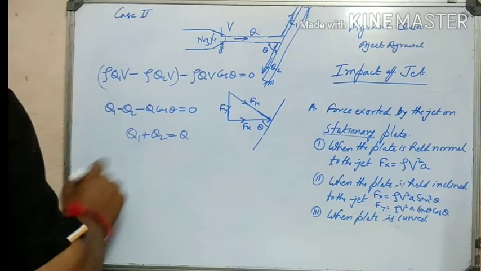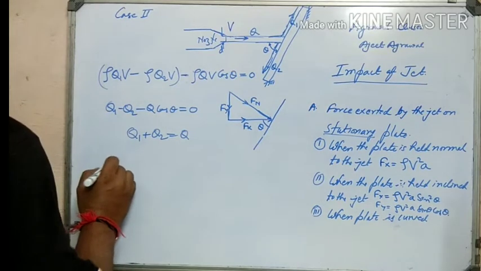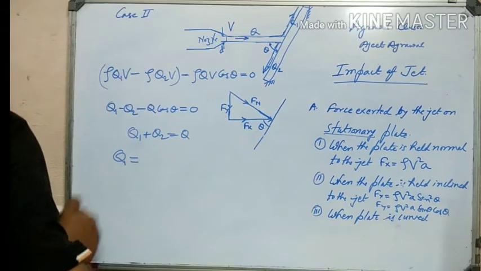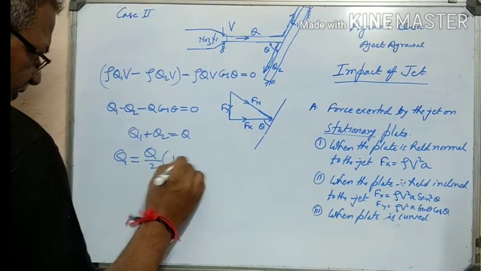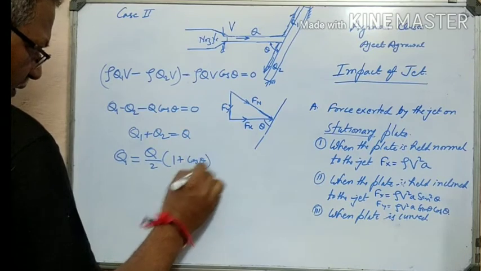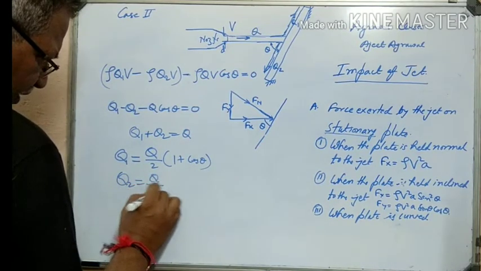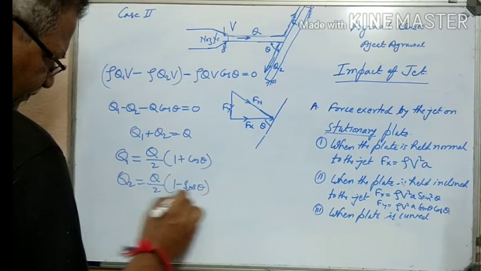So if we solve this, we will get Q1 equals Q by 2 into 1 plus cos theta, and Q2 equals Q by 2 into 1 minus cos theta.